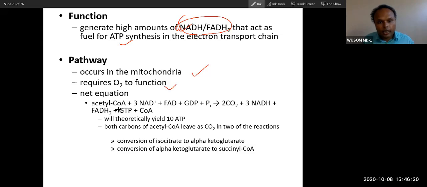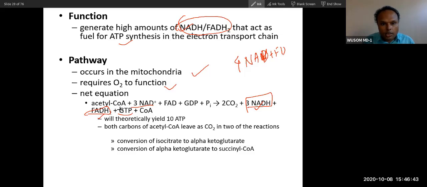So this is the whole reaction. One acetyl coenzyme A will produce 3 NADH and 1 FADH2, total 4 reducing equivalents.